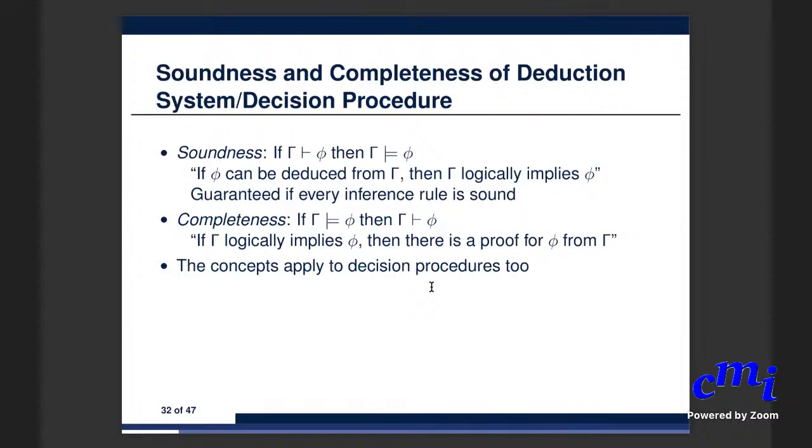And whenever it says it's unsatisfiable, it has to have derived a contradiction. Also, it is complete for propositional logic if every formula that is valid can be checked by your SAT solver. Any questions?